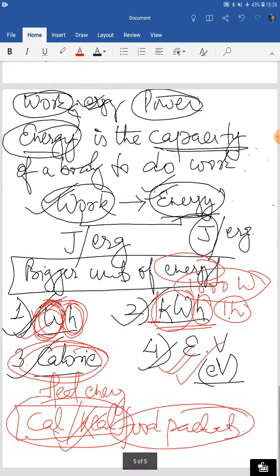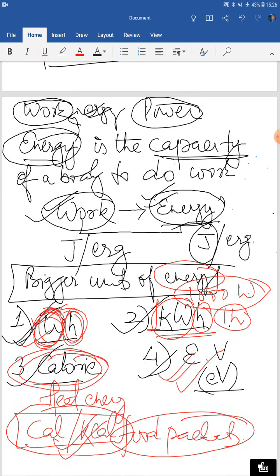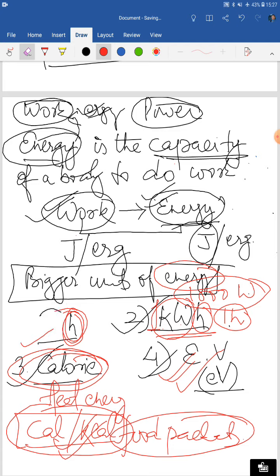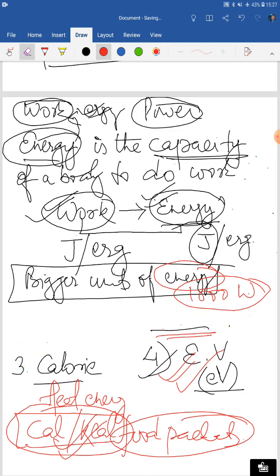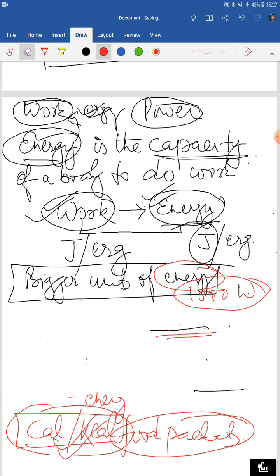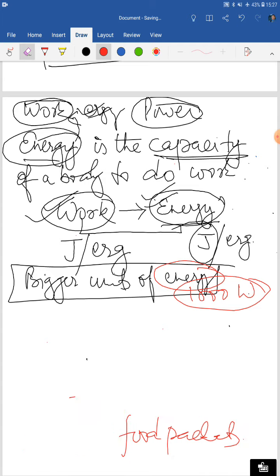So you must remember the relation of watt hour with joule, relation of kilowatt hour in joule, relation of calorie to the joule, relation between electron volt and joule. So please note this down. It's important for your numericals.